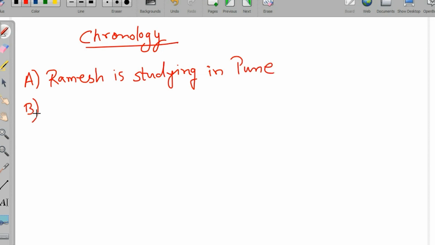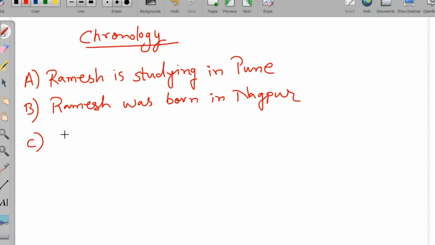Statement B is Ramesh was born in Nagpur. And statement C is saying Ramesh wants to work in Mumbai.